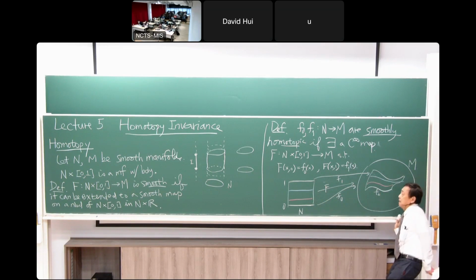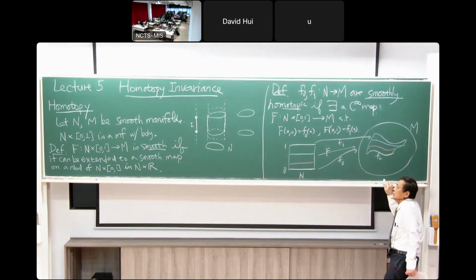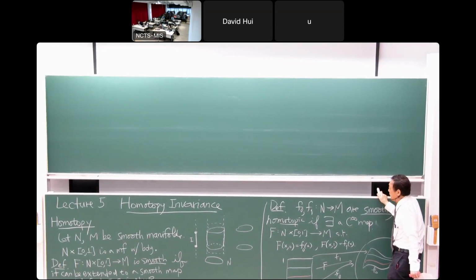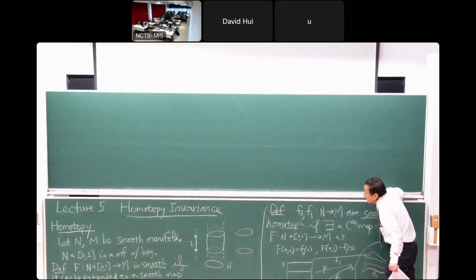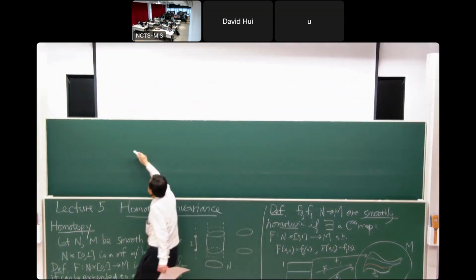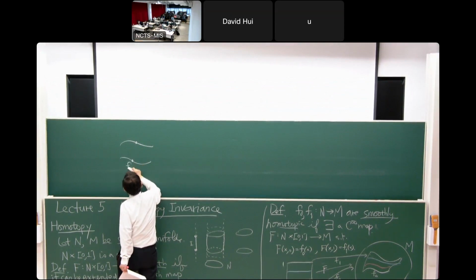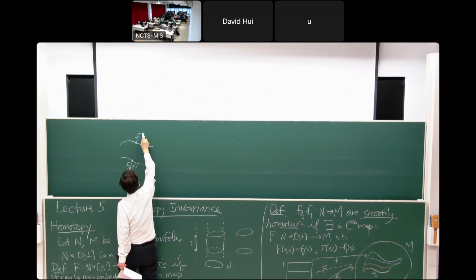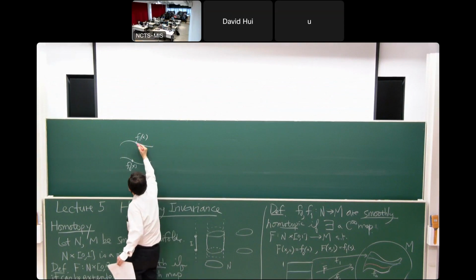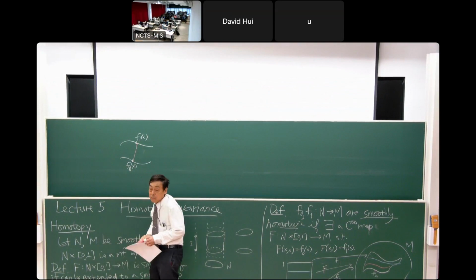Now, a very simple example of a homotopy is the straight line homotopy. Let's say this is F0 of x, and this is F1 of x. The straight line homotopy is just a straight line from F0 to F1.